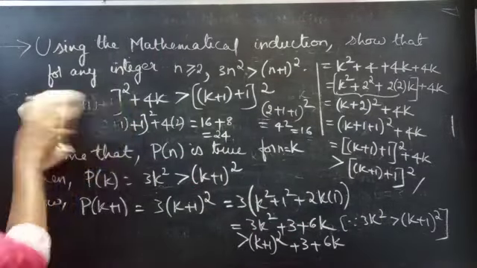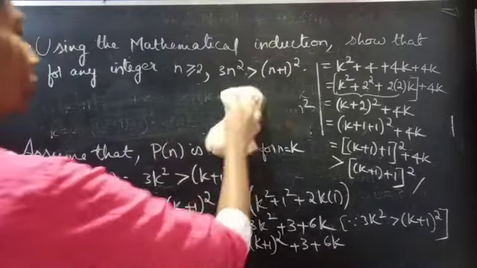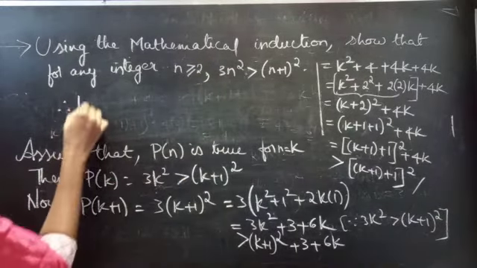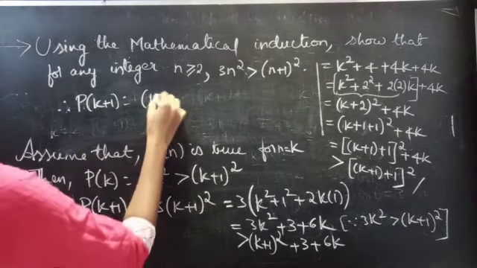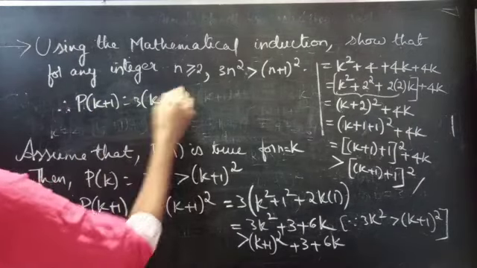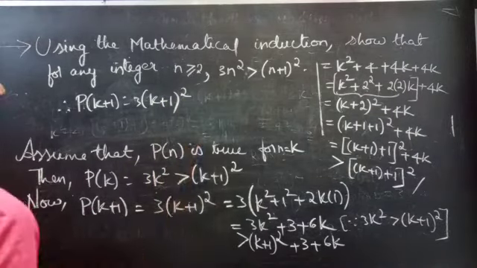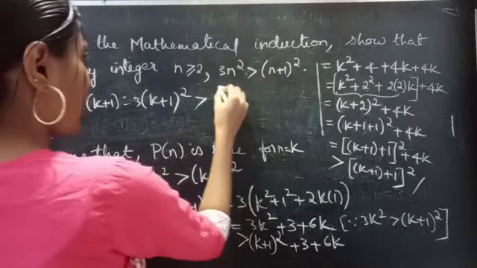So from this we can say that therefore P of k plus 1 such that 3 times k plus 1 whole square, LHS is greater than RHS.